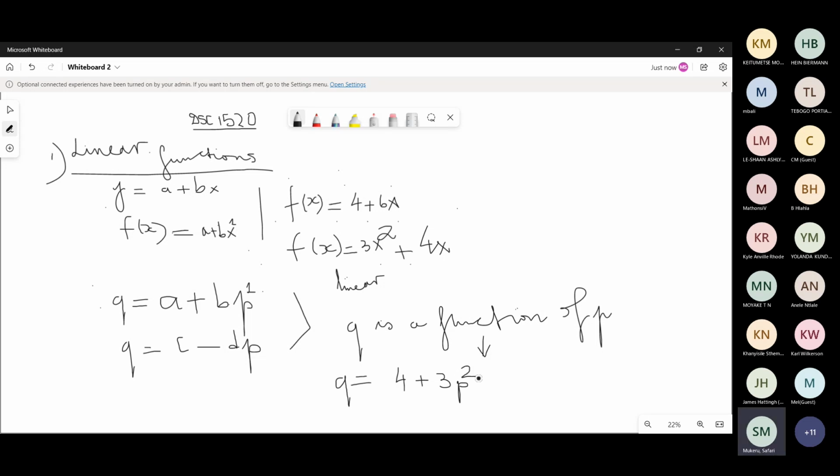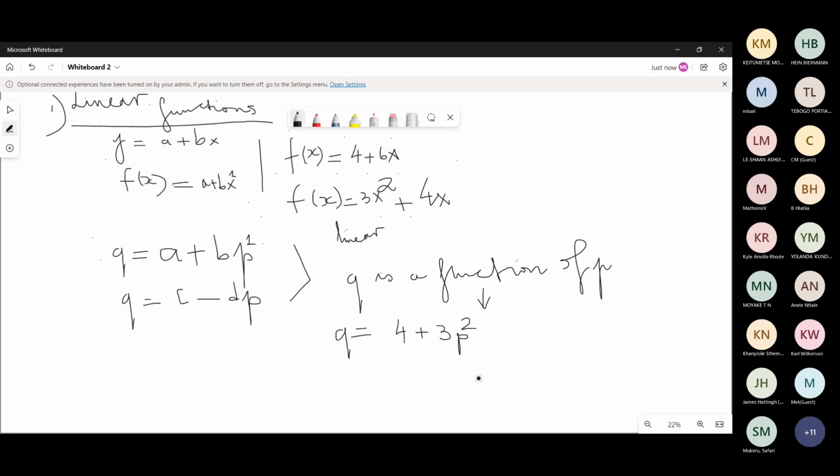Can you all see my whiteboard, please? If we have this function here, this is no longer a linear function because P has exponent 2, P second power. It's no longer first order or first degree. This is a second order polynomial, so it is no longer a linear function. We'll come back to that after, right?